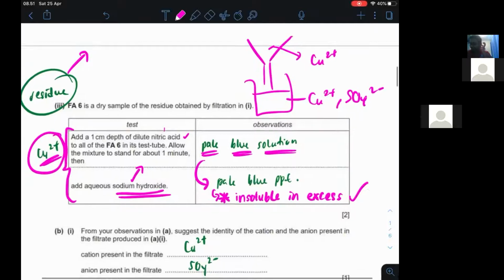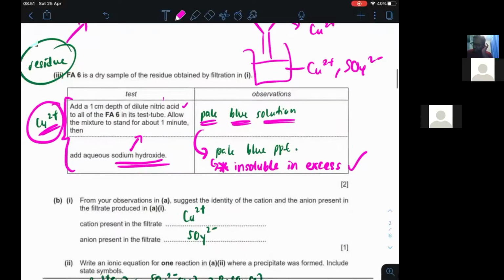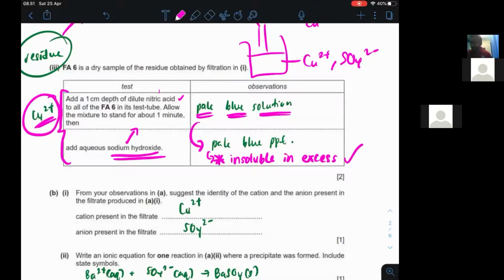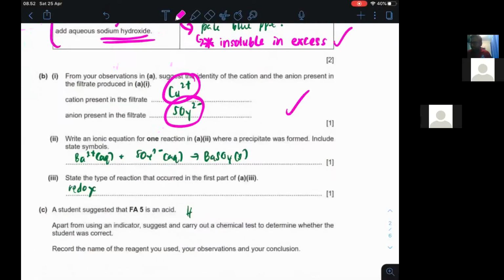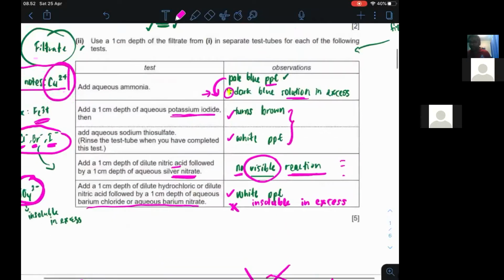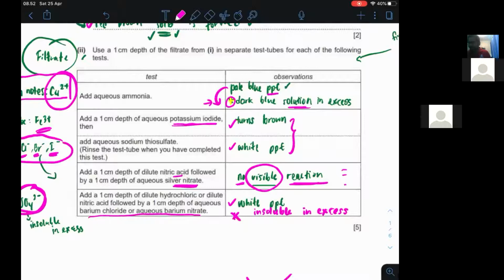So from your observation, this suggests the identity of the cation and anion present in the filtrate: copper 2 plus and SO4 2 minus. This one is quite simple, a simple question actually. Now write an ionic equation for one of the reactions when a precipitate is formed. There are so many precipitates being formed over here, but let's look at the easiest answer.